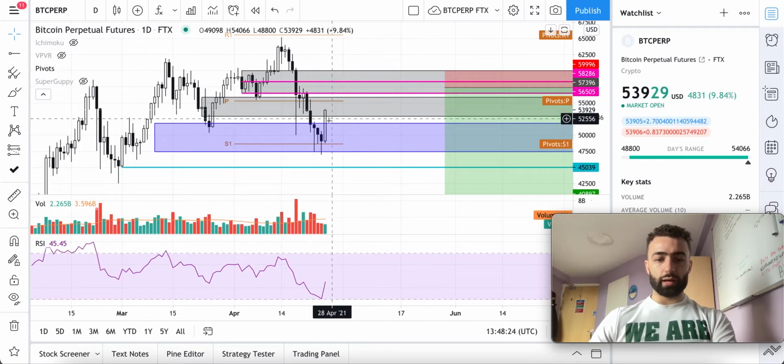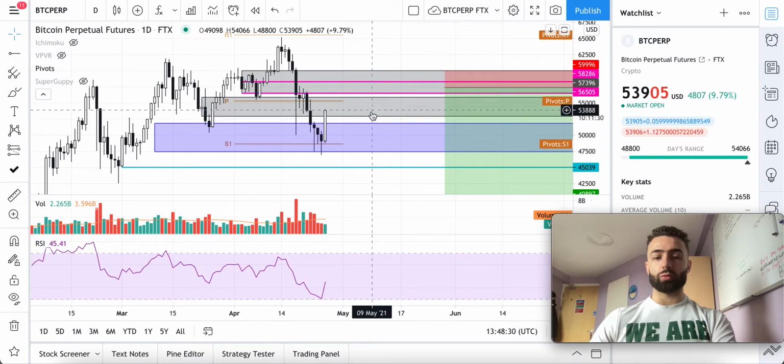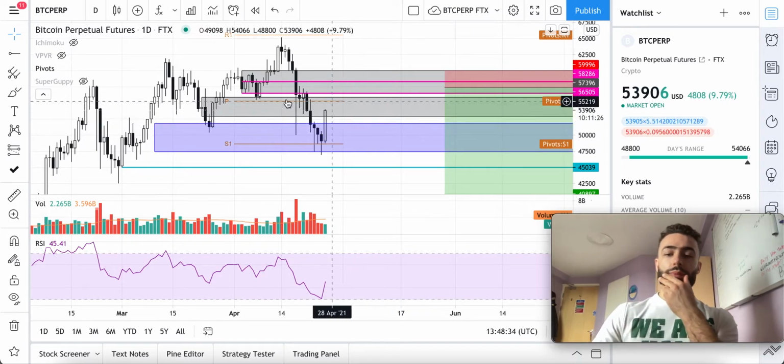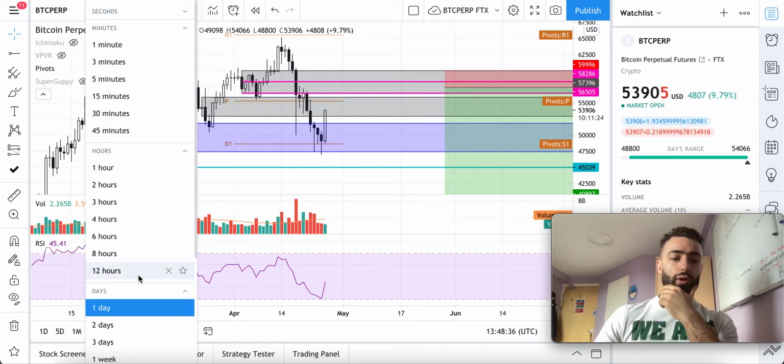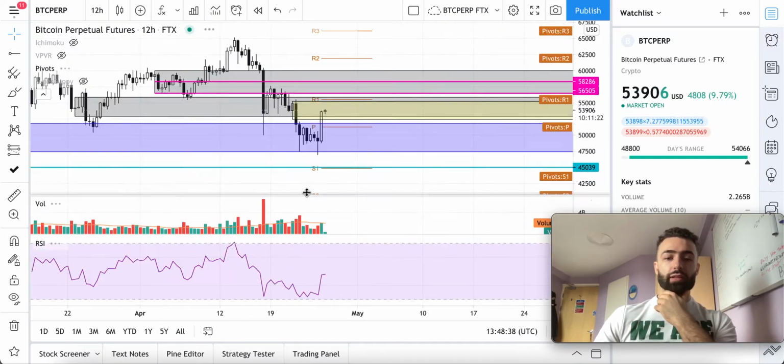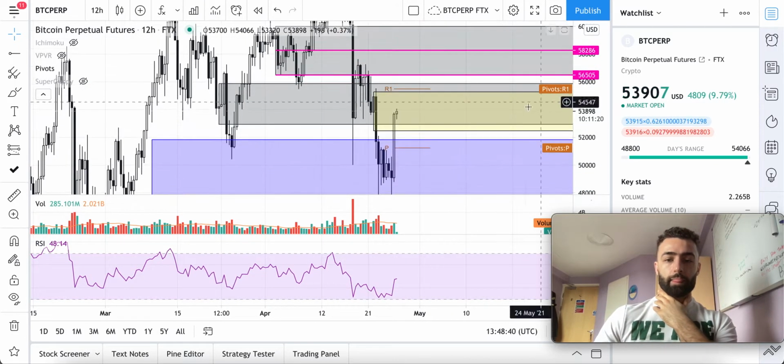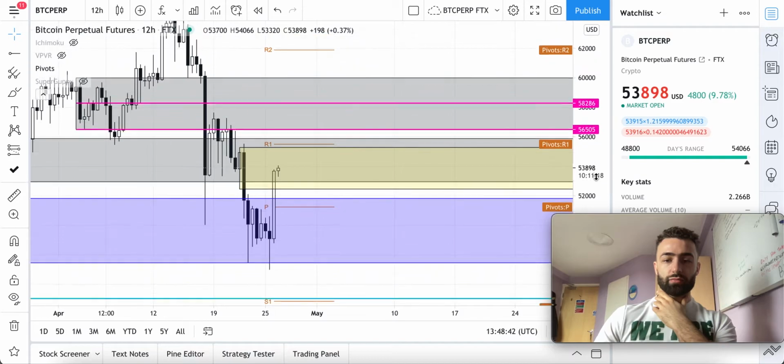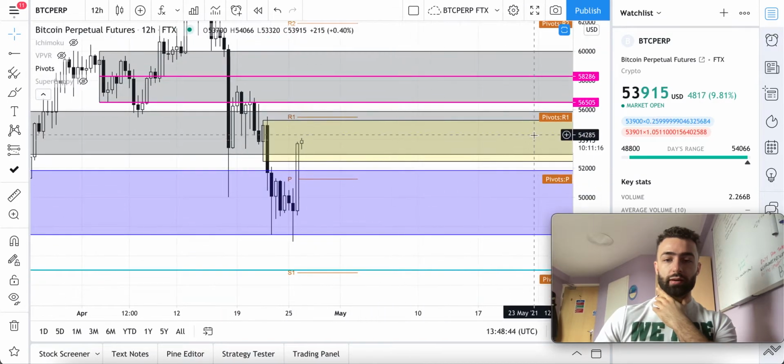Even if we don't hit this full target, what might end up happening is we come up, we hit this level, we come down somewhere in either this gray level or maybe the top of this blue level, and then we bounce from there. What I would imagine is if on the 12-hour time frame, we go through this yellow zone right here on the first test.